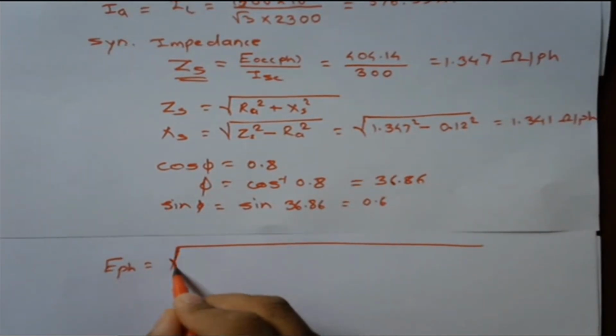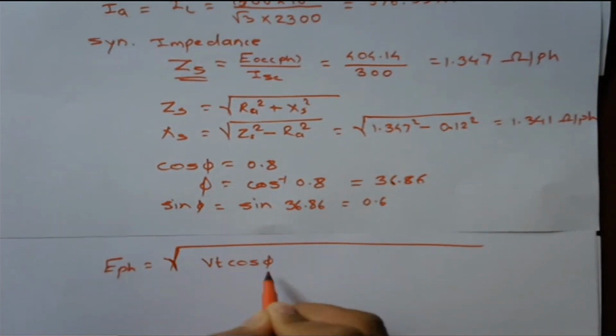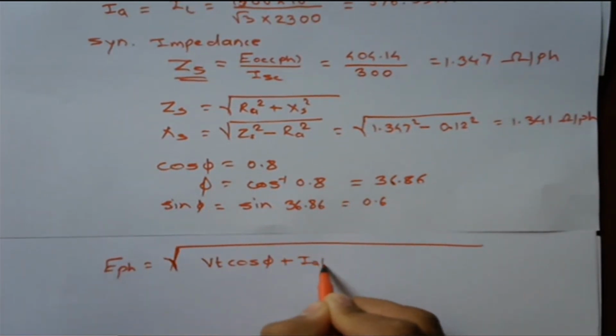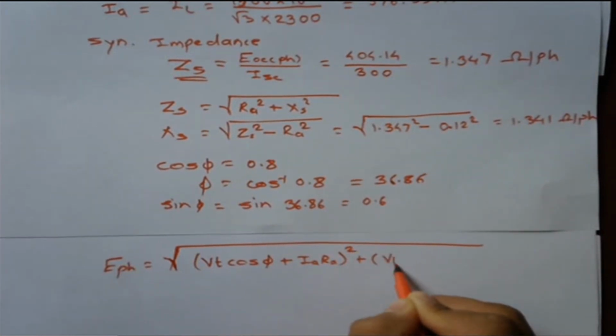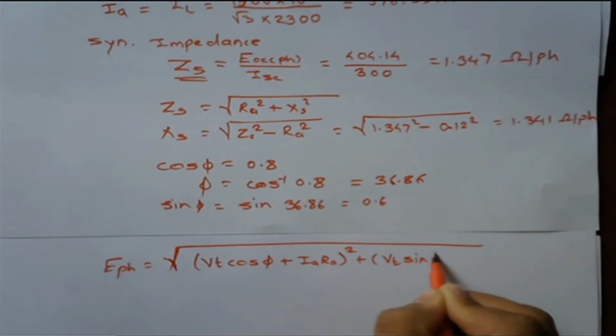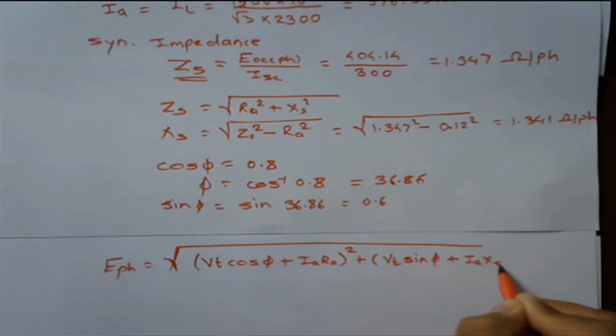EPH is equal to the square root of (Vt cos phi plus Ia Ra) whole square plus (Vt sin phi plus Ia Xs) whole square.